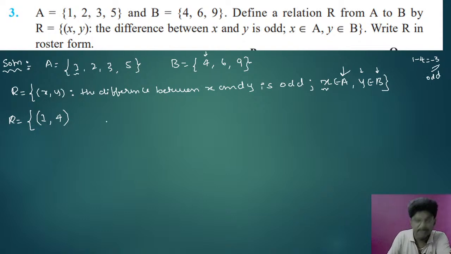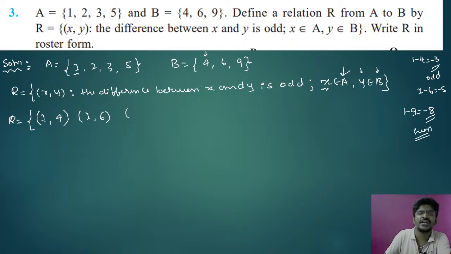I can write this. Next you just see. 1 comma 6 I can write because 1 minus 6 is minus 5. Next, I can't write 1 comma 9 because 1 minus 9 is minus 8, which is even.